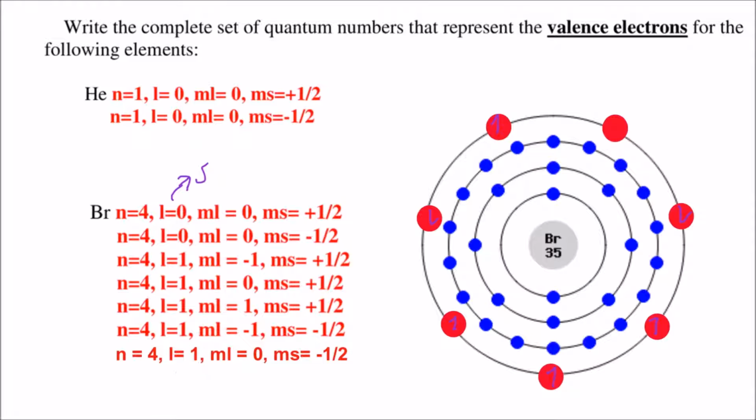L is going to be 1, which means it's in a p orbital. ML is 0 this time, so that means that it's going to be in the 4py orbital along with this electron, and therefore it needs to have a -1/2 or a counterclockwise spin. That covers all of our electrons, or our valence electrons for bromine.